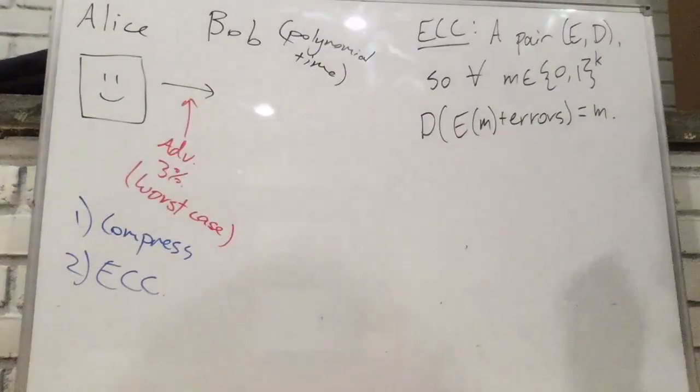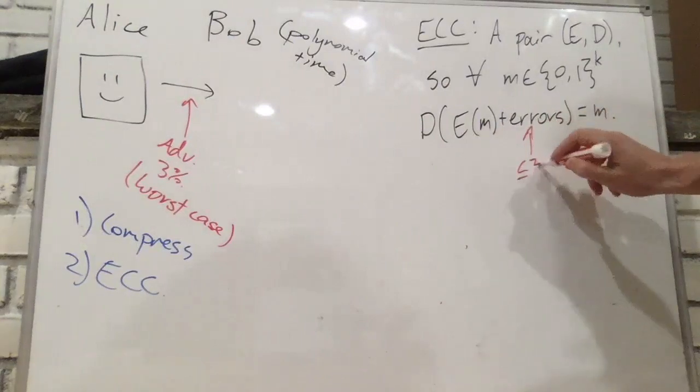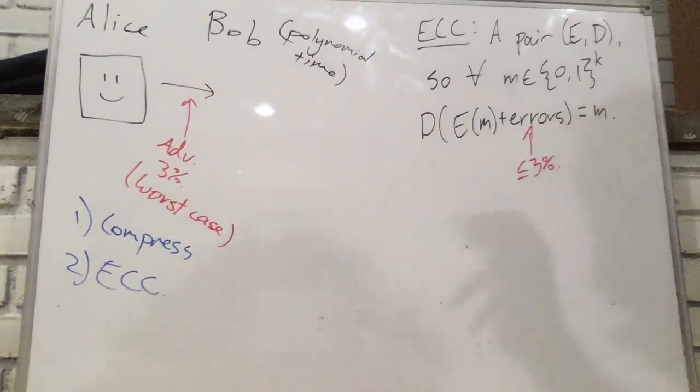We want to assume that there's at most 3% errors. Right, so that's what an error correcting code is. Whenever I take a message from this message space and I encode it and add errors and decode it, I get my original message. Cool.